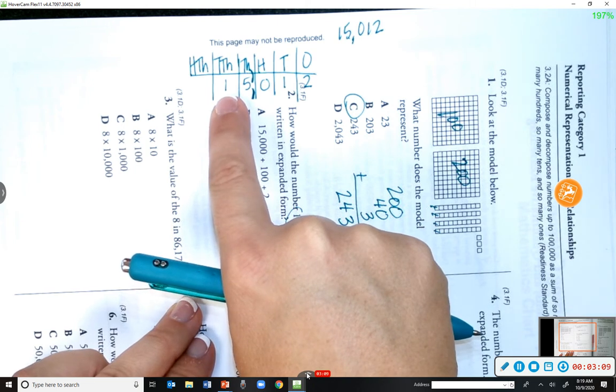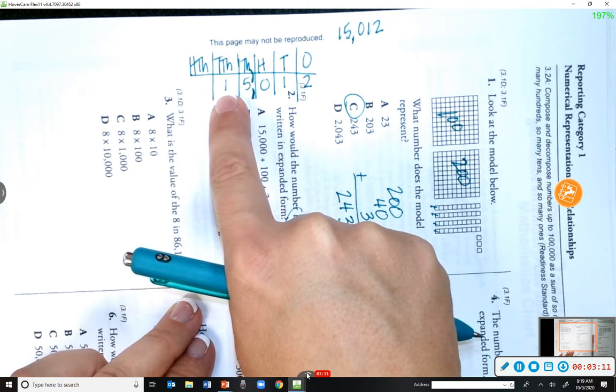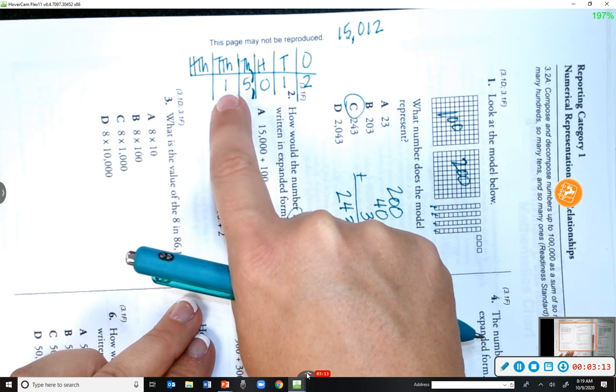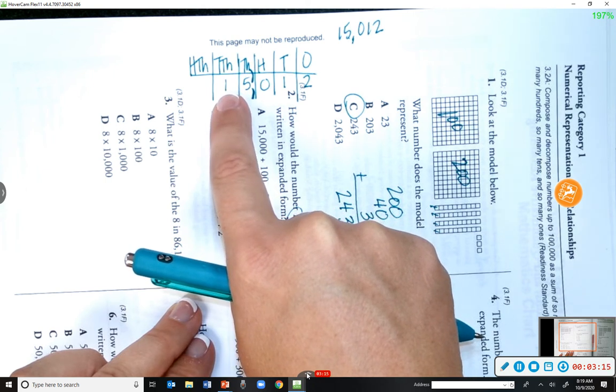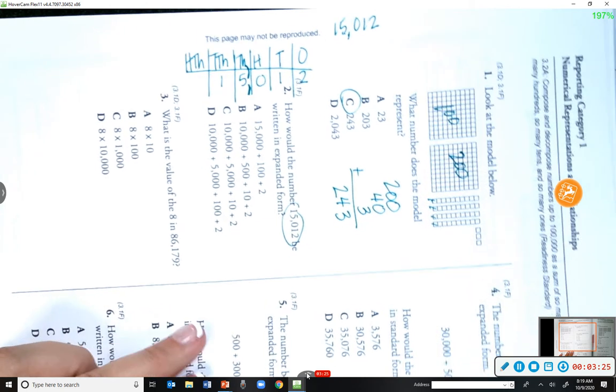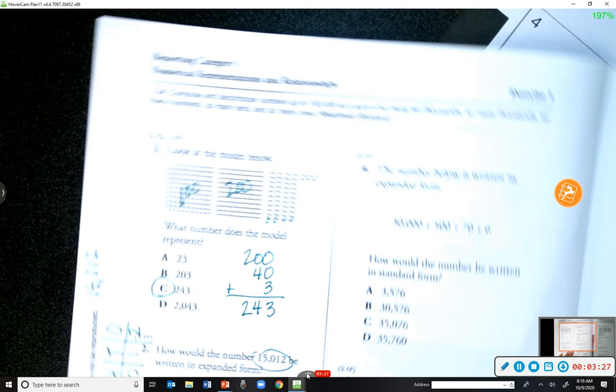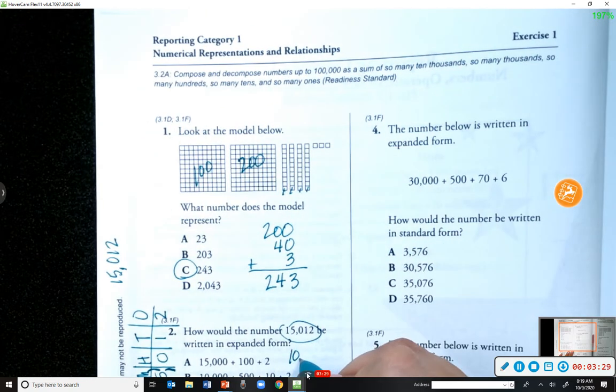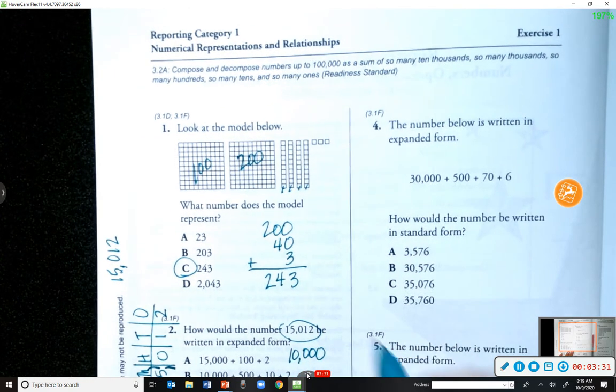We're going to expand it by saying, what is the value of this 1? Well, it's in the 10,000s place, so if I have 1 10,000, what is the value of that? 1 10,000 is worth 10,000. So that should have been your first number.